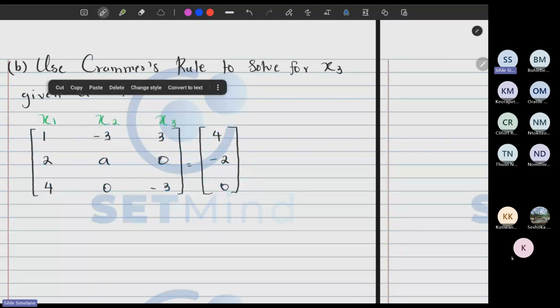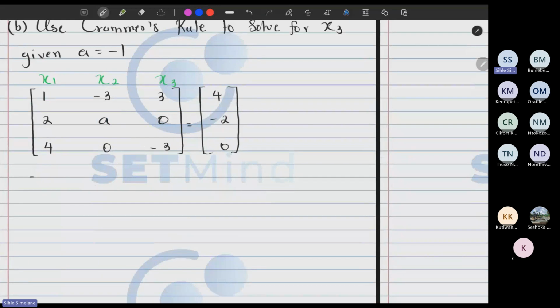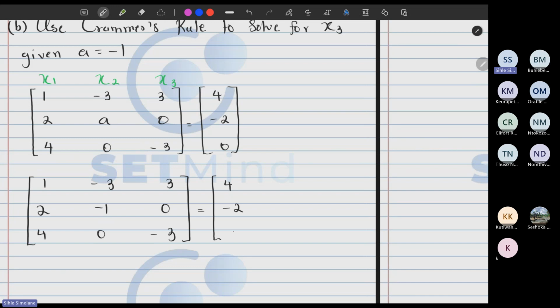So I'll substitute my A is -1 below, and have 1, -3, and then 3, 2, -1, and then 0, 4, 0, and -3. We have 4, -2, and a 0 there.